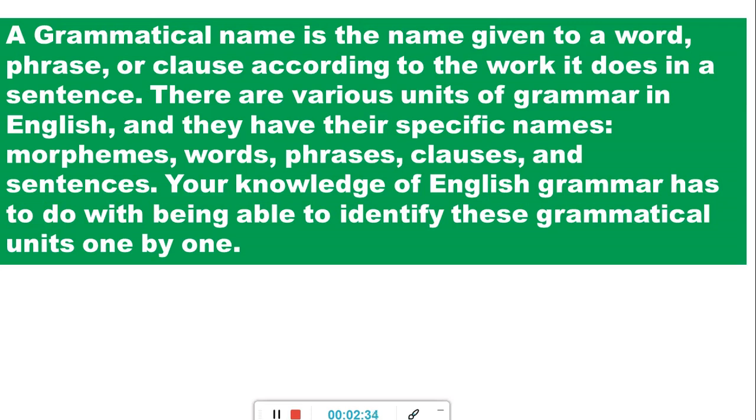And so your knowledge of this structure of the English language, and how these various structures combine to form the higher unit, and how we use these combinations in very proper manners to communicate our ideas in the language, is really very, very important. Your knowledge of English grammar has to do with being able to identify these grammatical units one by one, being able to name them, being able to use them for their exact purposes.